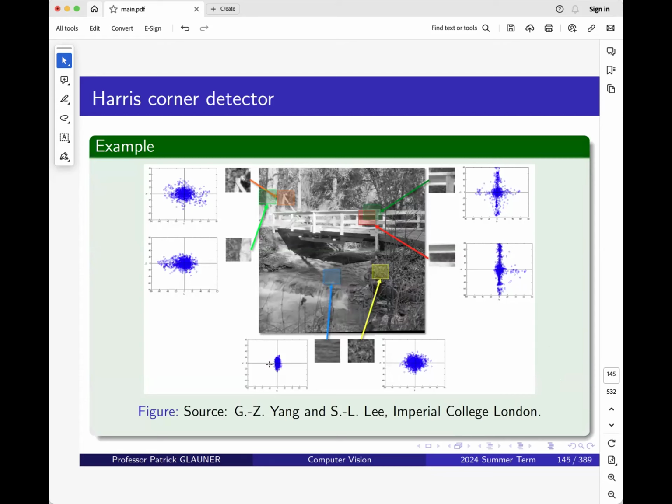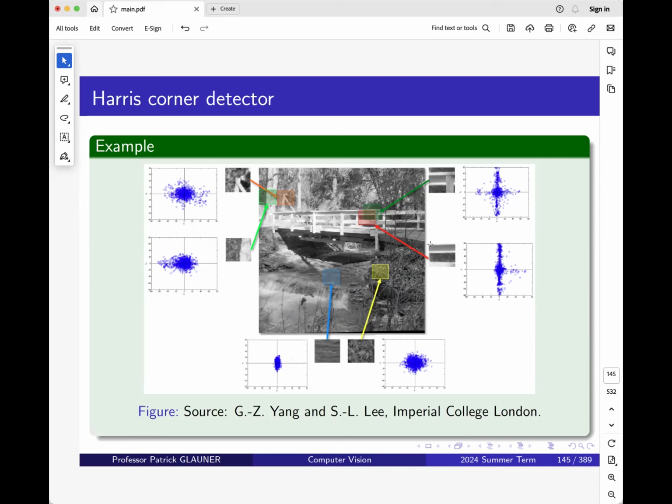What we see is a visualization: if within this area we have a small window and move it around, we see here a distribution of our eigenvalues, and the eigenvalues are in fact relatively uniform for such a uniform area.